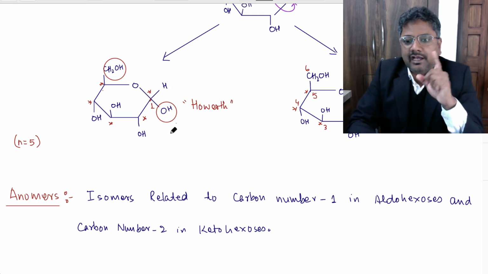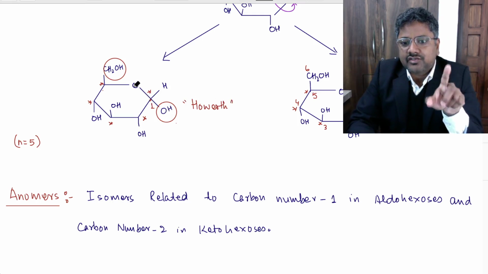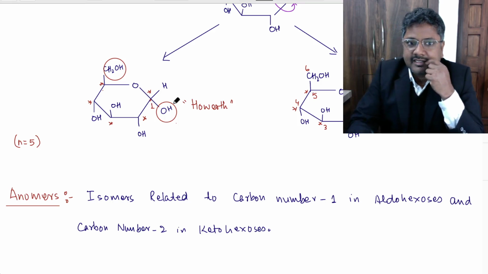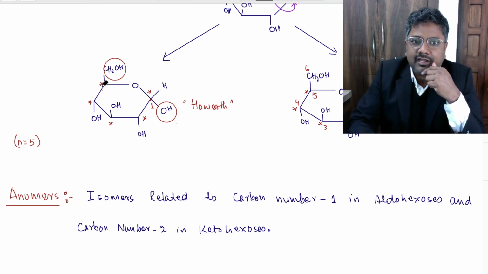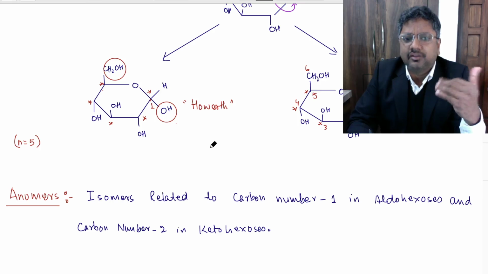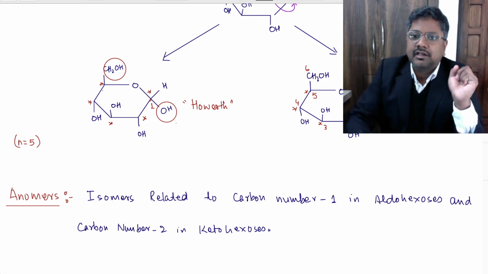It is a 6-membered planar ring, and it is mandatory that the oxygen should be at the top of the right hand side. Top of the right hand side means this oxygen you cannot take here or here or here. This is a convention, not any rule, right?